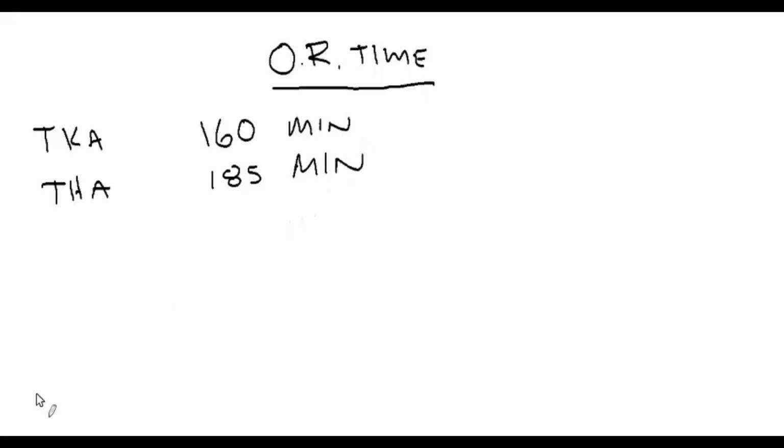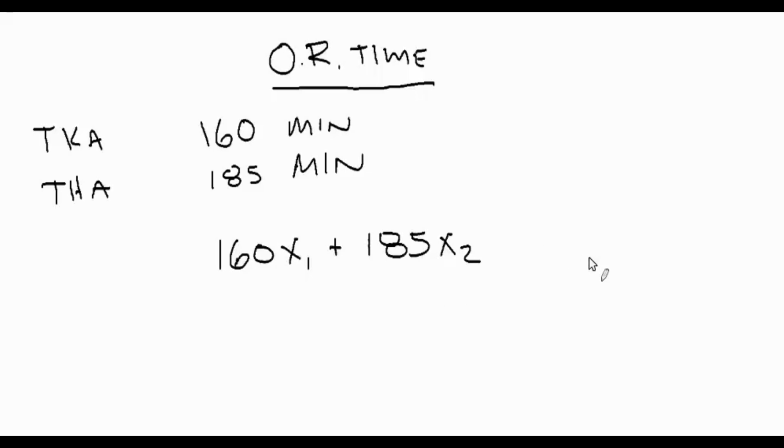So the amount of time per year that's required in the OR, expressed in terms of minutes, is 160 x1 plus 185 x2, right? So x1 and x2 are the number of knee and hip cases respectively done per year. So when you multiply the time per case by the number per year, you get the total time per year expressed in minutes.